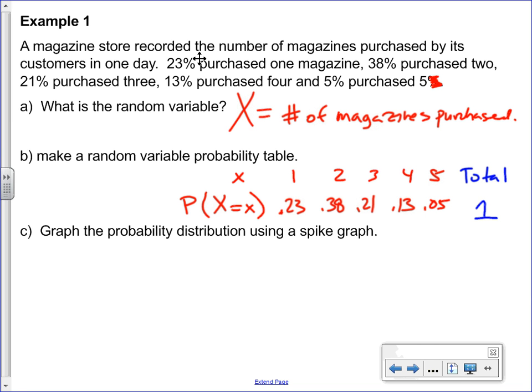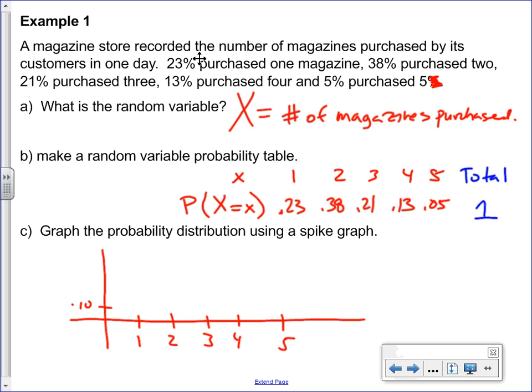Okay. Spike graph? We don't do spike graphs very often. Here we go: 1, 2, 3, 4, 5. And let's go by 0.10s: 0.10, 0.20, 0.30, 0.40.